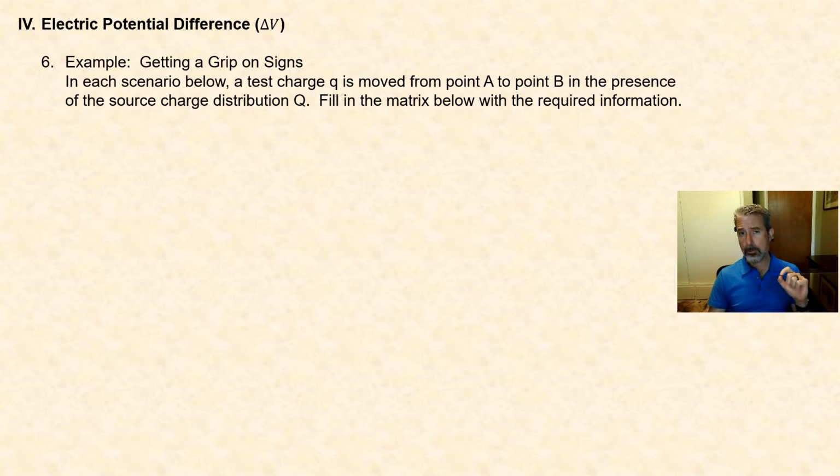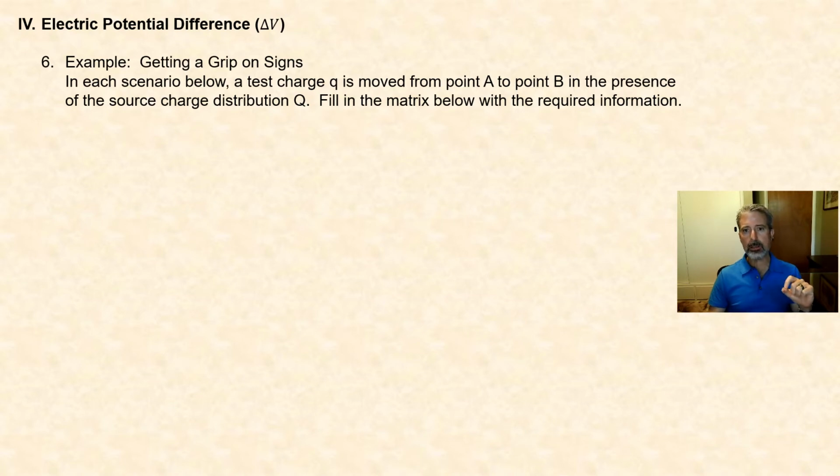So look, from my experience teaching this stuff, I can definitively state that the biggest source of error when it comes to calculating electric potential energies and electric potential differences is with signs.